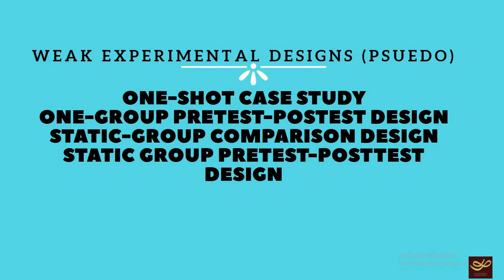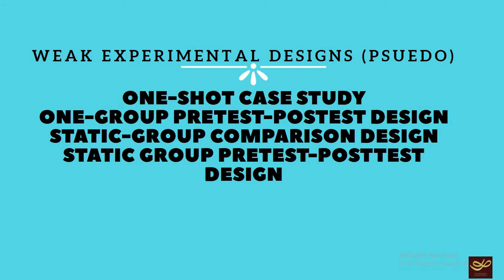Alright. Okay. Now let's go to the different designs. Pseudo designs. These are referred to as weak experimental designs. Why are they weak experimental designs in the first place? Because there are a lot of threats to internal validity when you use weak designs.